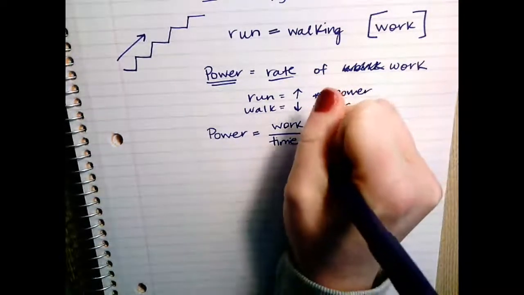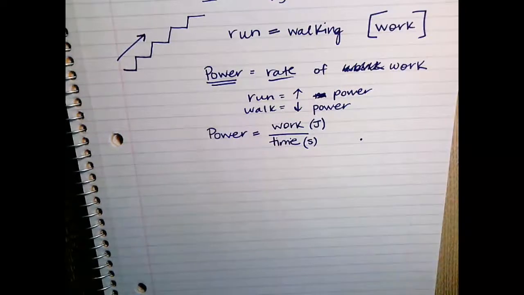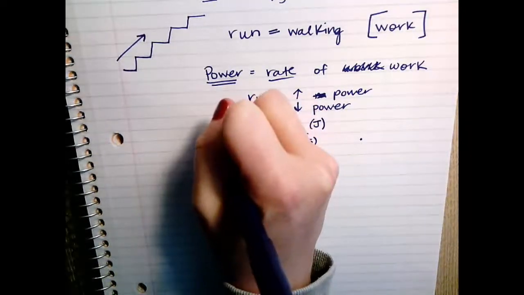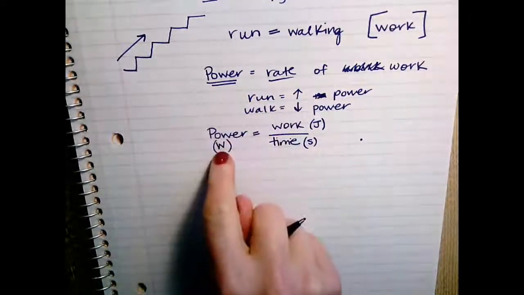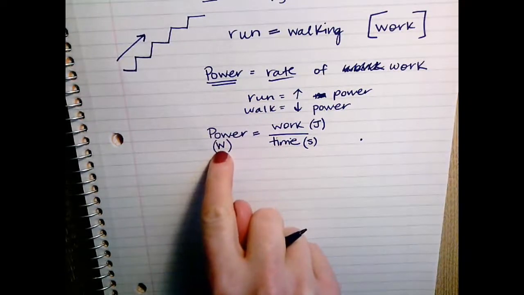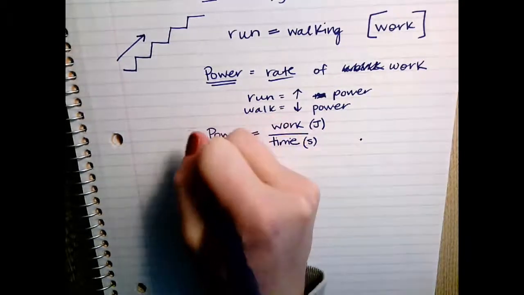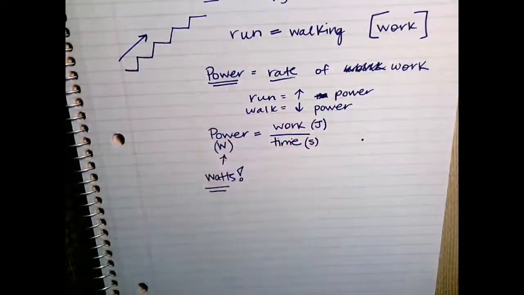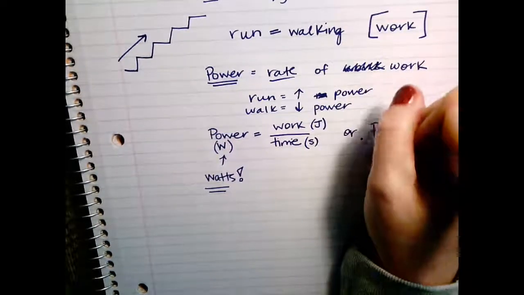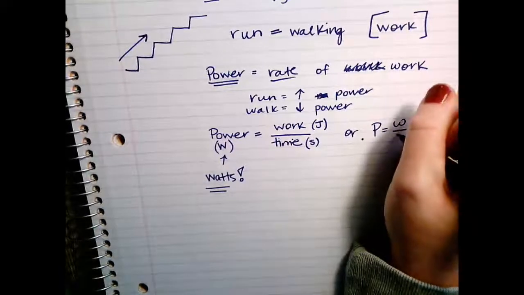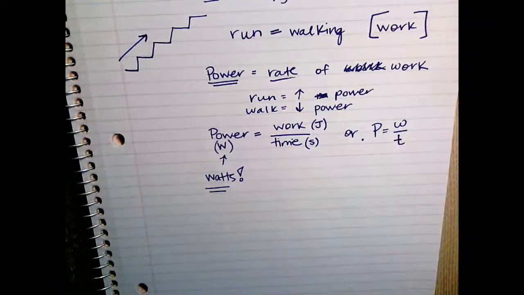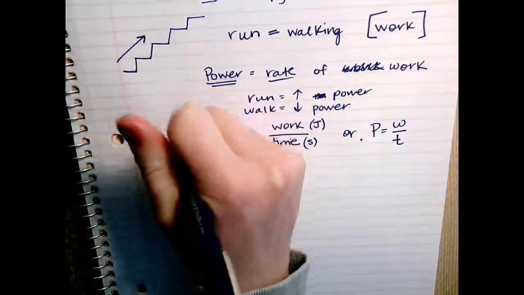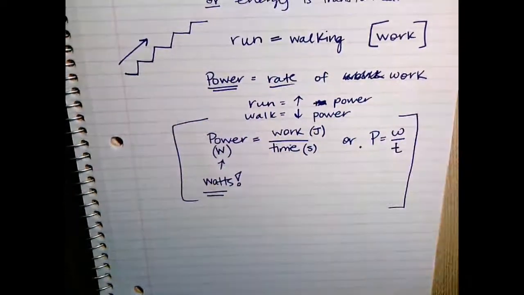Time we measure in seconds. Power, I'm going to put a really very straight, not italic W, and that is for watts. This right here is for watts. It is not work. Watts is what we measure power in. Another way to write this would be P equals W over T, which is for time, so that's our abbreviated version. So I'm going to put this right there.